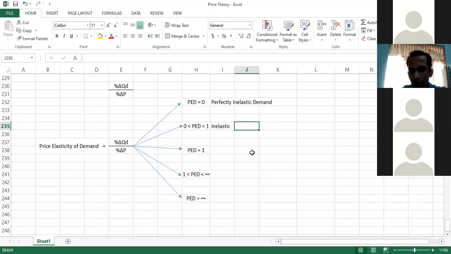That is the meaning of inelastic. For that, a number of examples we can identify. Even if the price increases, we have to use that. One thing you mentioned, crude oil. In addition to that, what are the other examples?